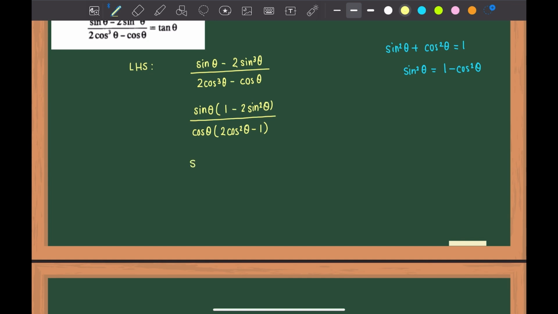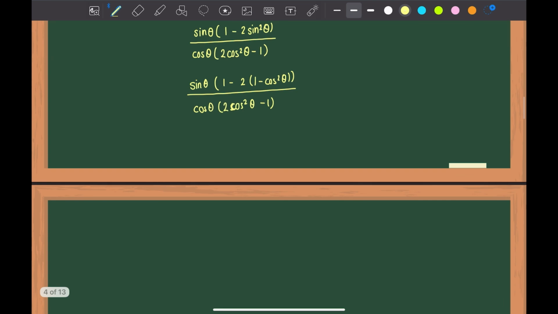So we can do sine theta and 1 minus 2, there comes a bracket, 1 minus cos square theta, bracket close, whole divided by cos theta into 2 cos square theta minus 1.